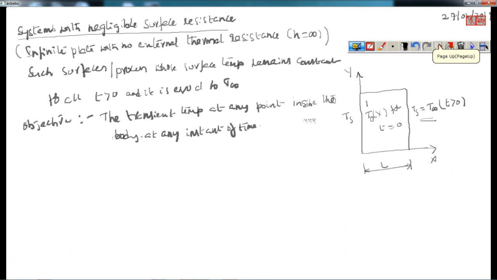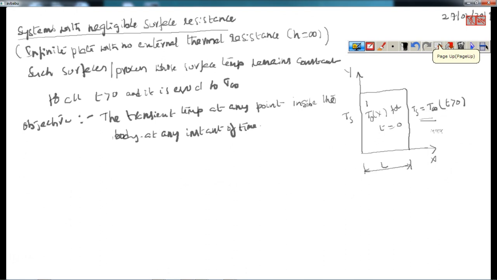Now for this I have considered a large plate in the xy plane of uniform thickness L. The initial temperature distribution in the plate at t equal to 0 is assumed as T0(x), right? The plate is now suddenly dipped in an environment whose temperature is T infinity.